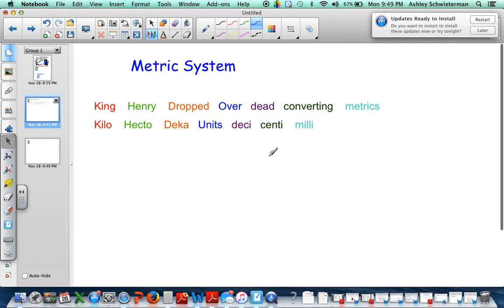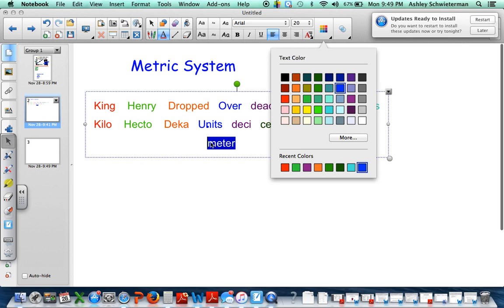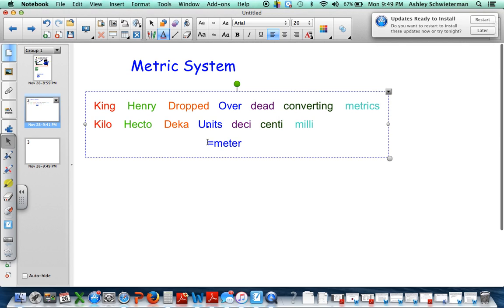For capacity, we have liter. And for mass, we have grams.